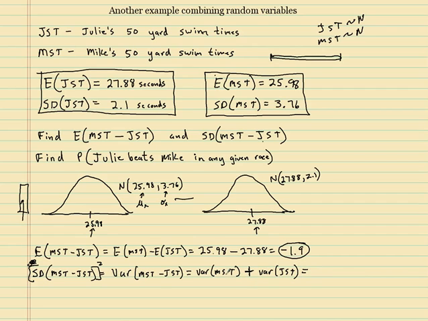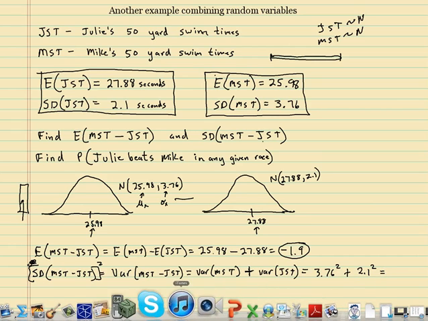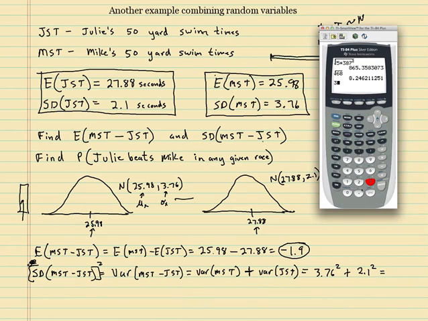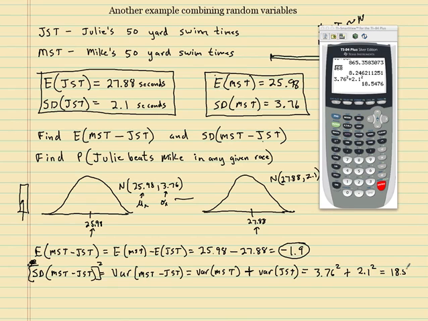So I need to find the variance of MST, which is 3.76 squared, plus the variance of JST, which is 2.1 squared. Adding those together, 3.76 squared plus 2.1 squared equals 18.5476.